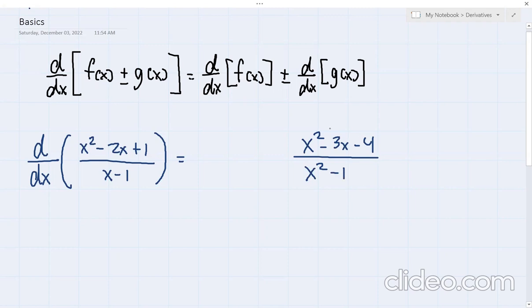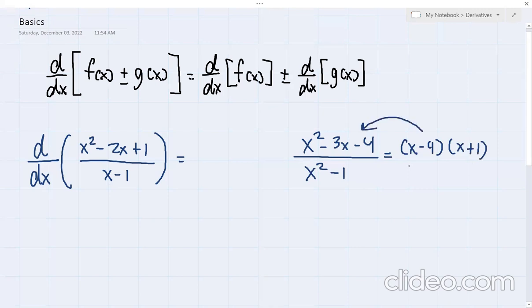Kunwari lang ha, kunwari lang. Ito, pwede ko namang siyang i-factor out. Pwede naman. So ito, ang factored form nito ay x minus 4, tapos x plus 1.